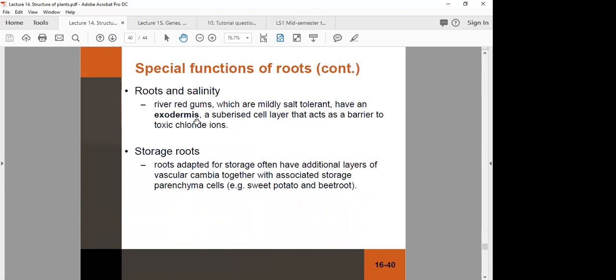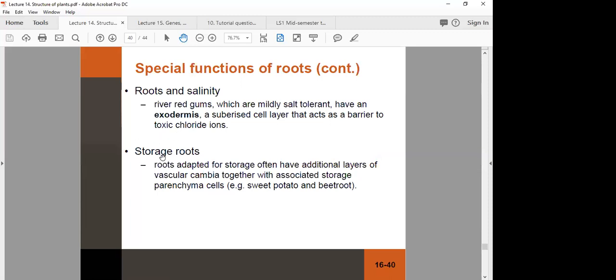Specialised cells that also have that suberized cell layer, just like the Casparian strip. And this Casparian strip acts as a barrier to the uptake of toxic chloride ions. So this is just one mechanism whereby some plant species are tolerant of saline soils because they actually exclude or prevent the entry of salts into the roots.